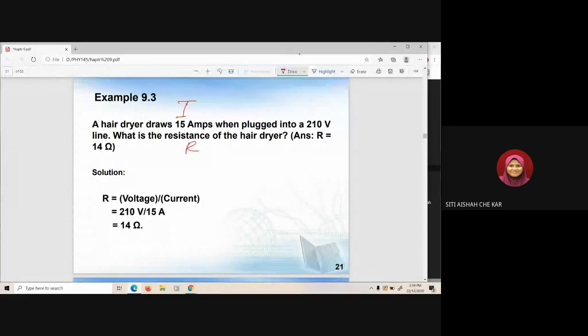We know that V equals IR, but the question asks you to find R, so we manipulate the formula and we get V over I. So 210 divided by 15 ampere, we get 14 ohm.